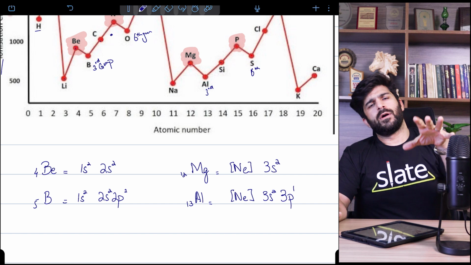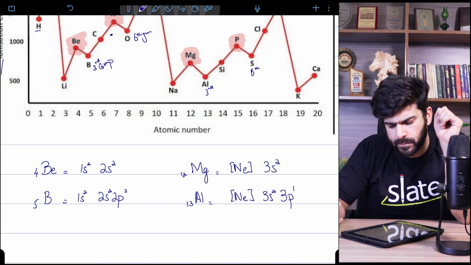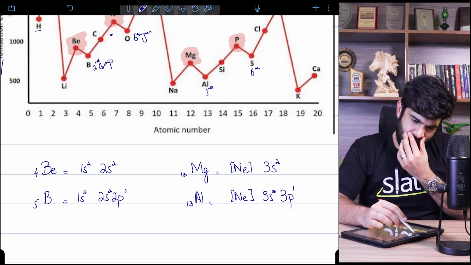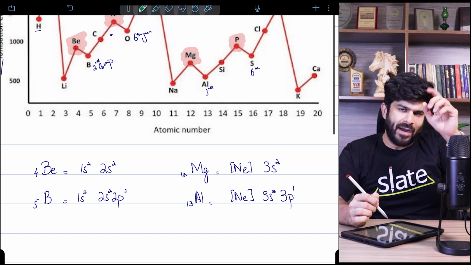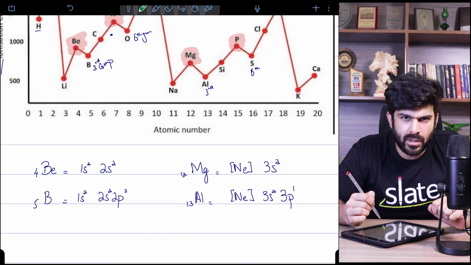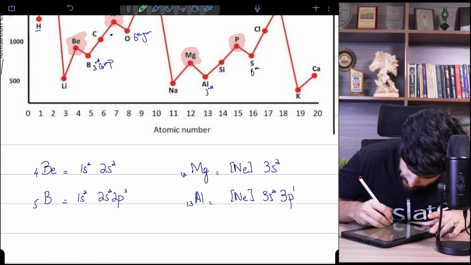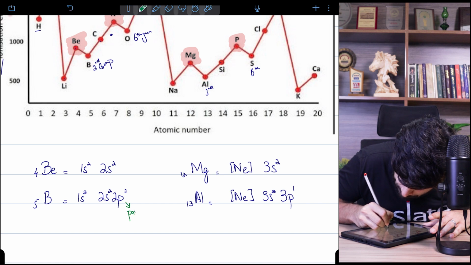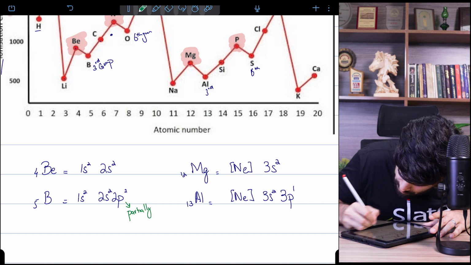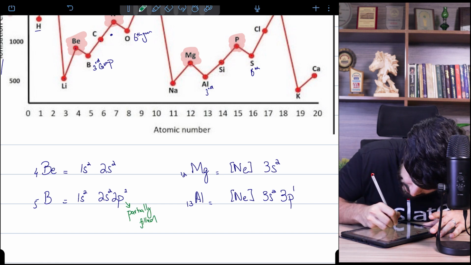The same configuration, with a difference of shell number. So what is happening here? If we look at the concept that we talked about in the previous lectures, this is partially filled and this is a fully filled s orbital.